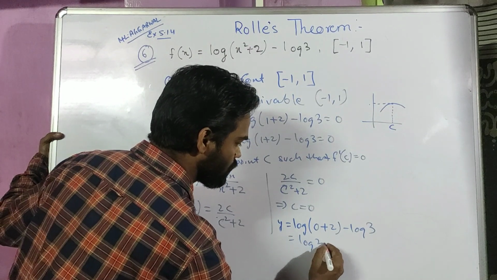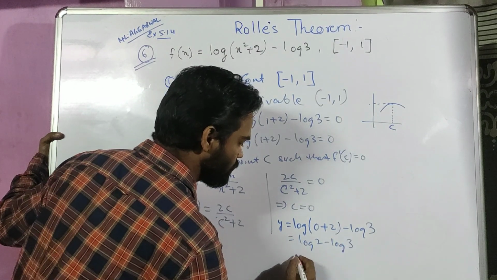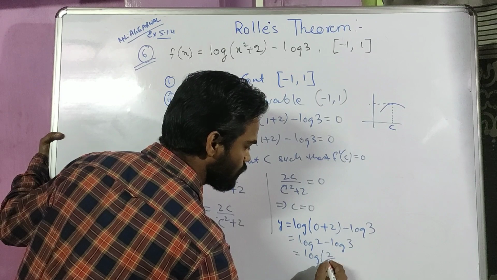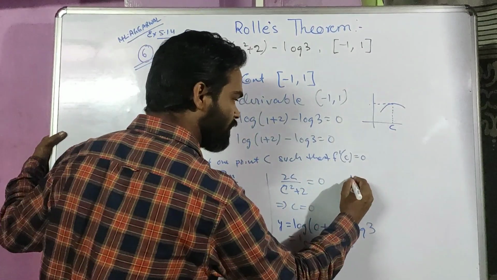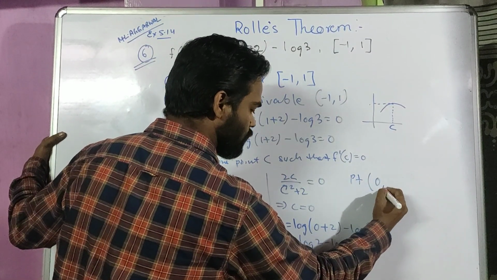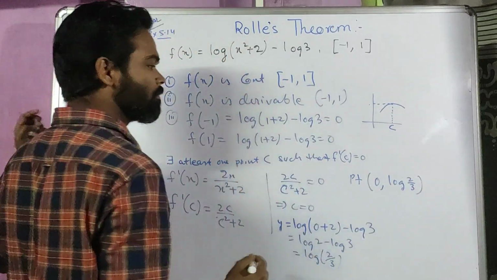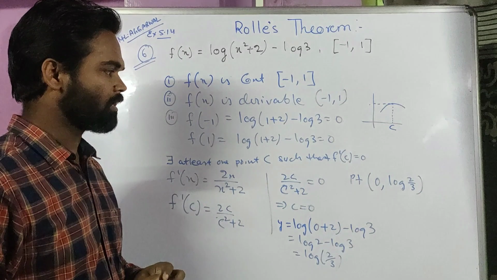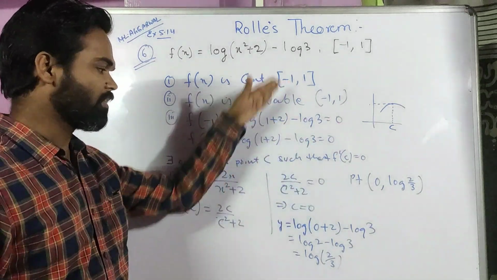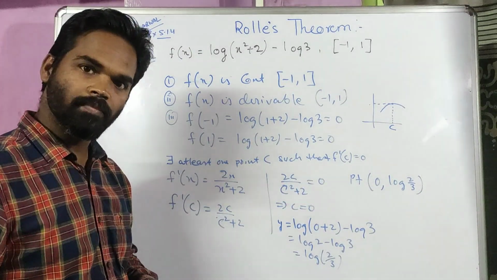That's log 2 minus log 3. That's log 2 by 3. Which means the point will be what? 0, comma, log 2 by 3. And that's my answer. Is it clear? The point is this. And we have verified Rolle's theorem.